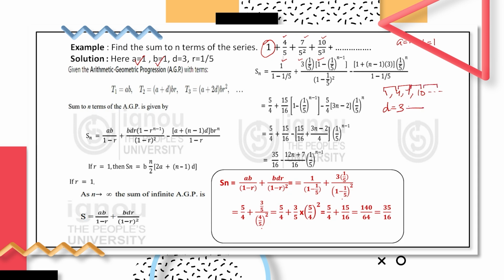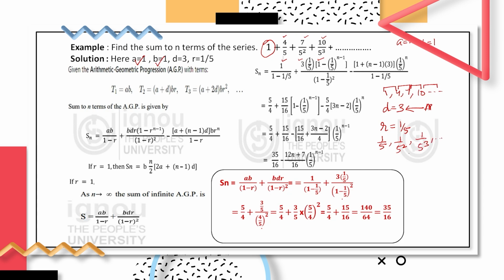So, in the arithmetic progression the common difference is 3, and the common ratio R is equal to 1 by 5, because the pattern followed in the denominator is 1, 1 by 5, 1 by 5 square, 1 by 5 cube, and so on.